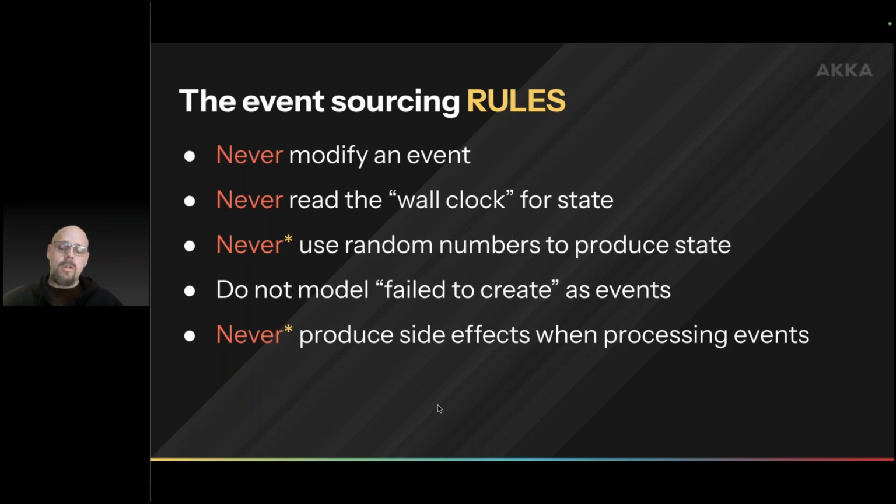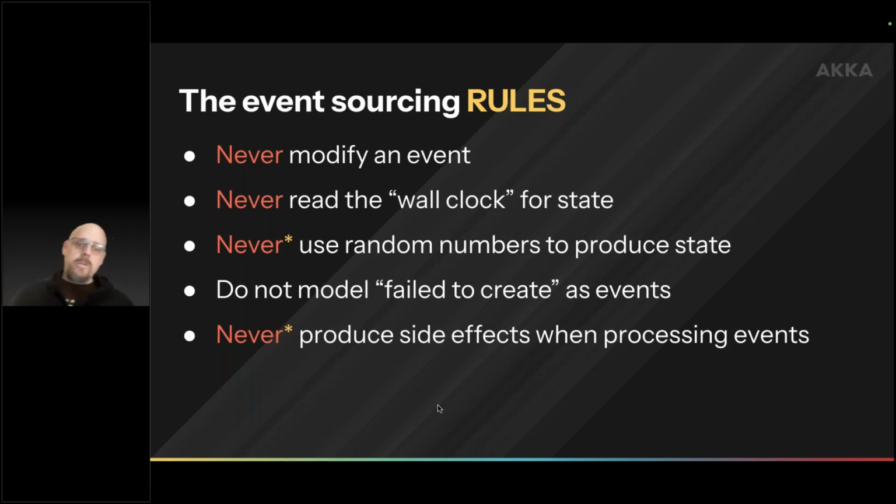Never read the wall clock for state. That means that if you have any logic in your application that needs the concept of the current time, that time needs to have come from a stamp on an event, and you can't read the wall clock time from the operating system.